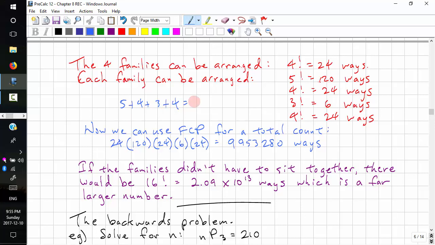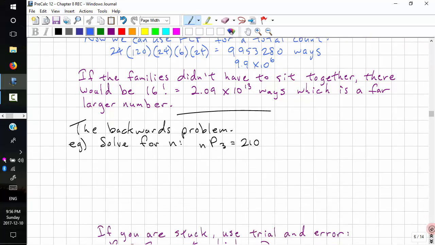This is 16 people. If we permute 16 people, we get 2.09 times 10 to the 13 ways, which is a far larger number. Okay, this is only 9.9 times 10 to the power of 6. So we're adding at least 6 zeros to this answer. So it's 1,000,000 times bigger.